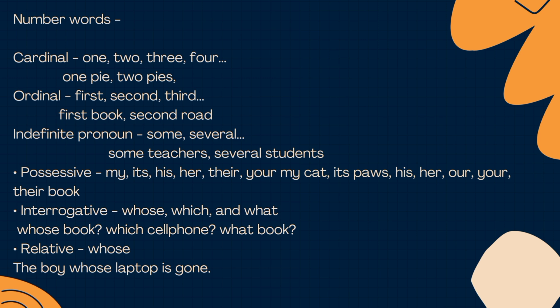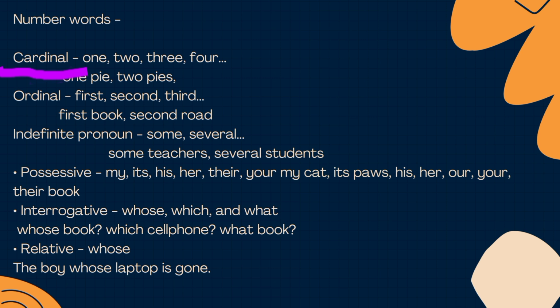Number words are used to indicate quantity. There are two types, the cardinal and ordinal. Cardinal: these are the basic counting numbers like 1, 2, 3, 4, etc. They tell us the exact amount of something.